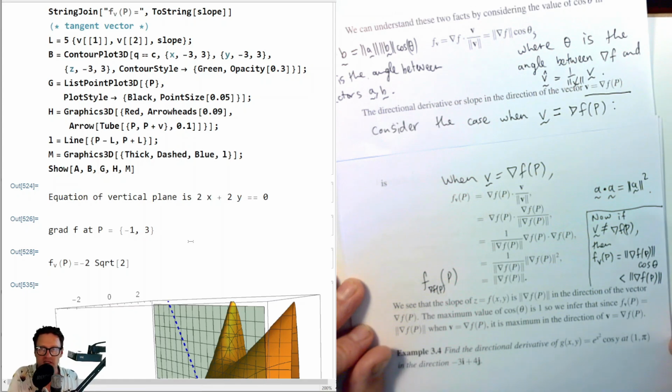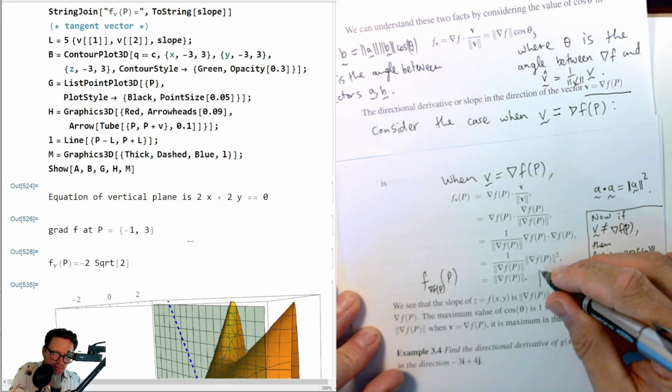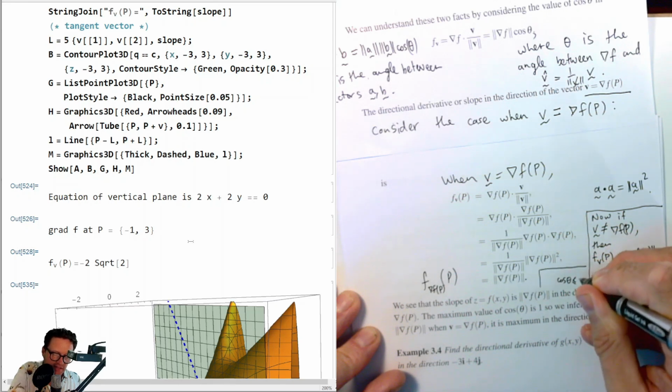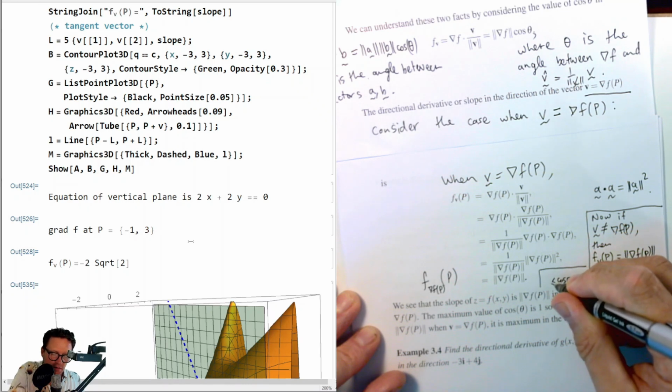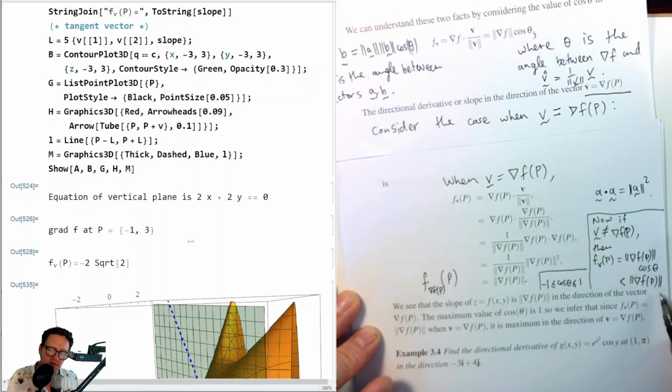Because cos theta is between -1 and 1. Let's put that in another little box: cos theta is less than or equal to 1, greater than or equal to -1. So when they're not equal, this would have to be strictly less, because cos theta would be strictly less than 1.